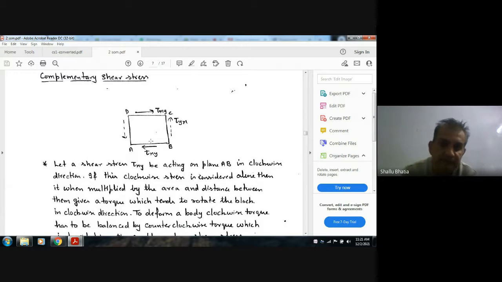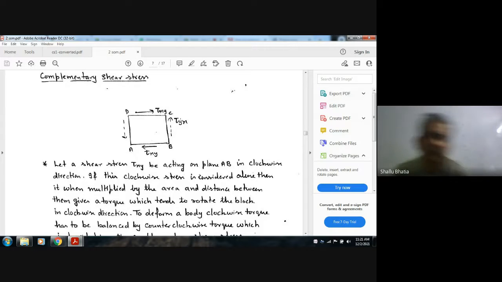But this is not the case in practice; the rotation of the body is resisted and the deformation of the body is considered. So to deform the body, an opposite shear stress also acts when a shear stress in one direction is acting. This opposite shear stress tau yx will provide an anti-clockwise moment which will deform the body.